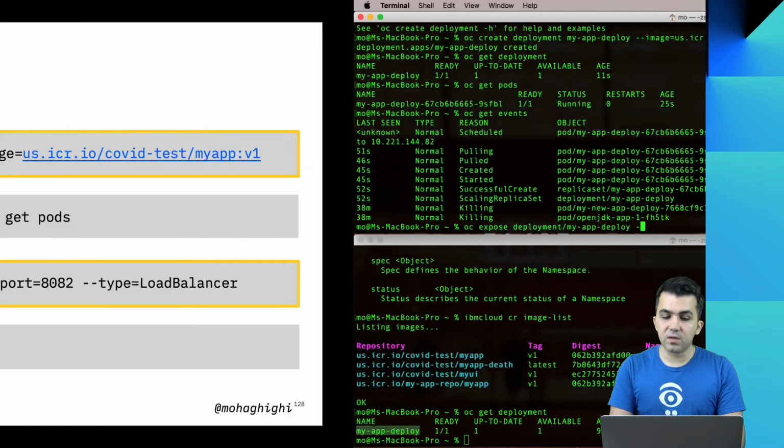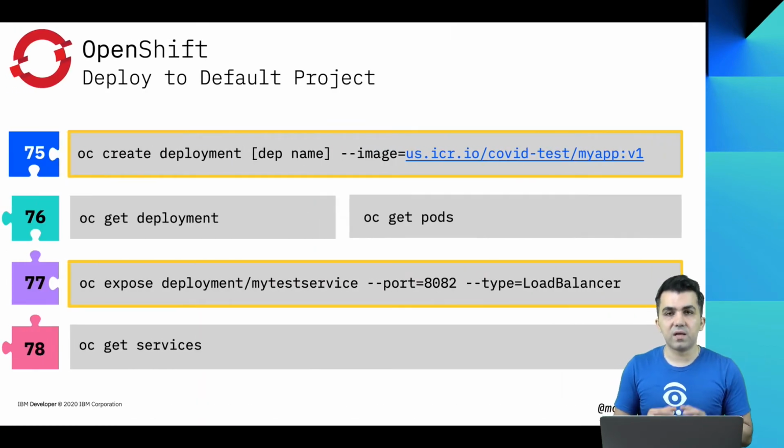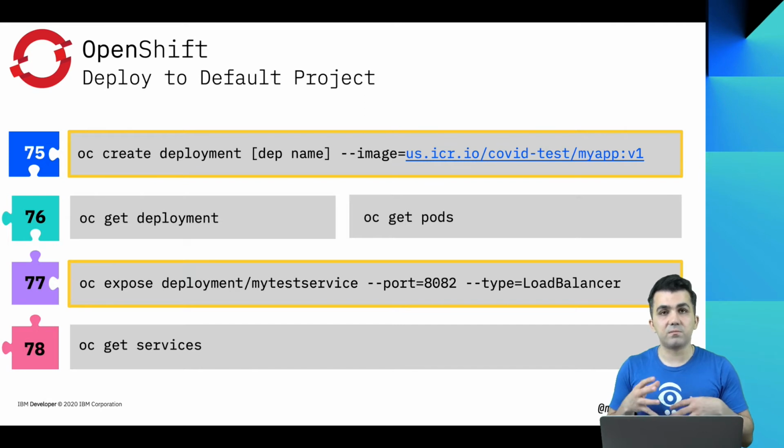And then, as you remember from the previous section, our positive parser app that gives us the positive cases for COVID-19 is running on 8082. So you need to specifically mention what port it is going to use, and the type of service is load balancer here.